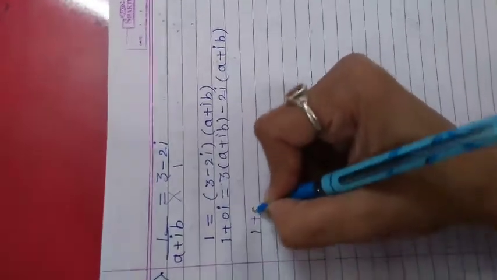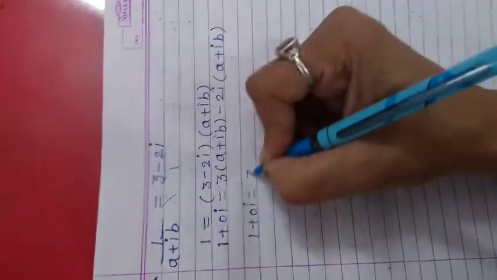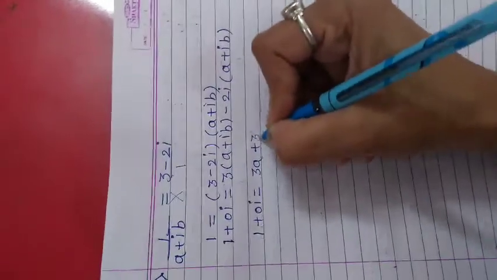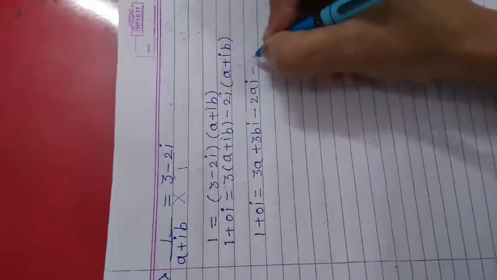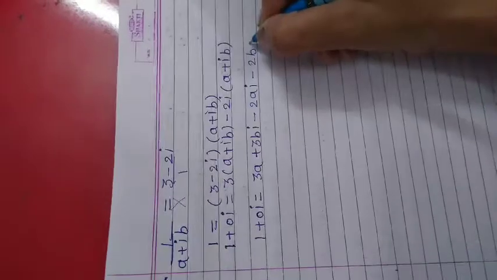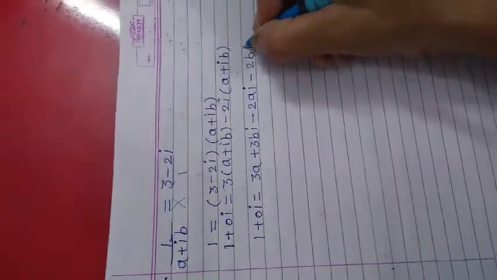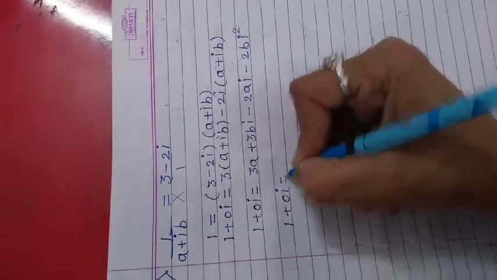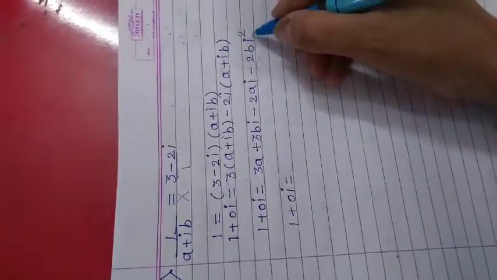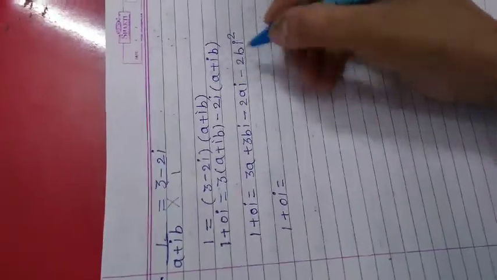So this is 1 plus 0i as it is. 3a plus 3bi minus 2ai minus 2b into i square, and i square means minus 1. So 1 plus 0i is equal to, so i square is minus 1, so this is plus 2b.